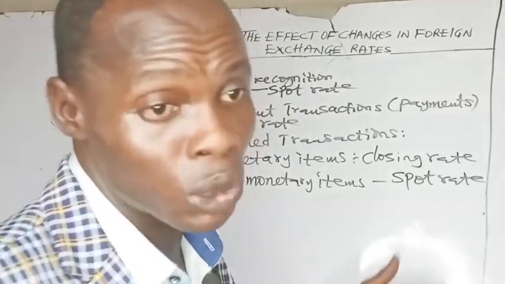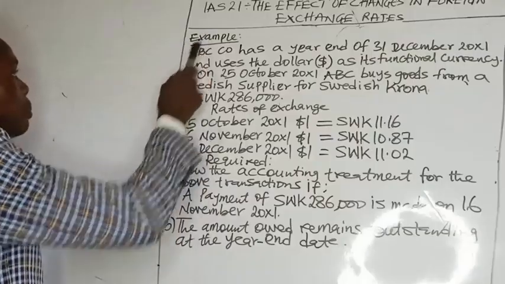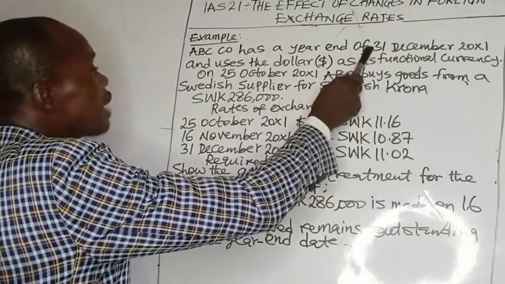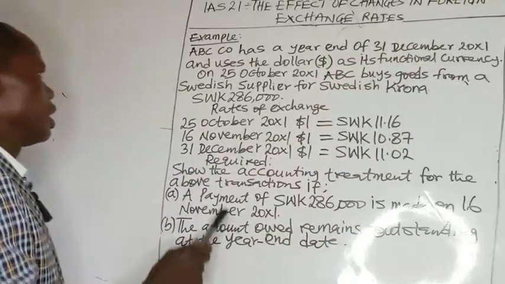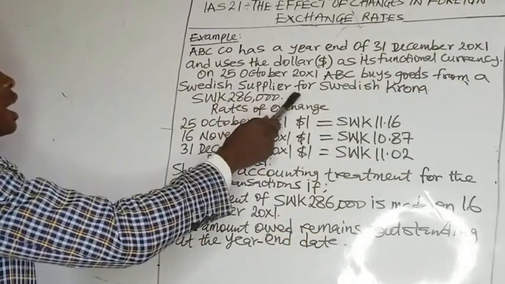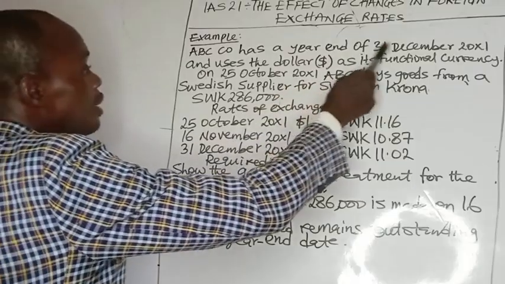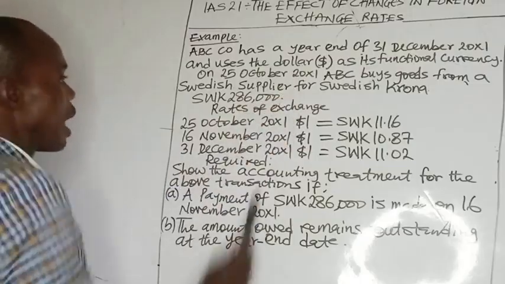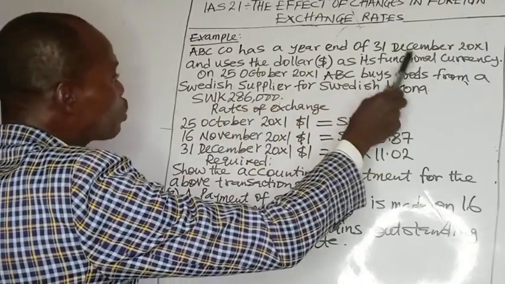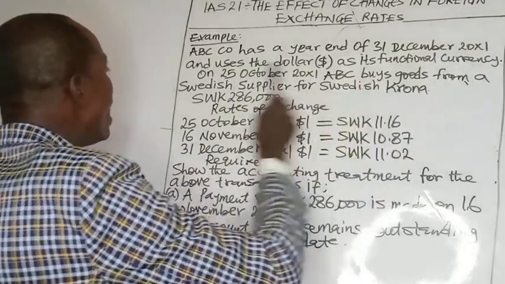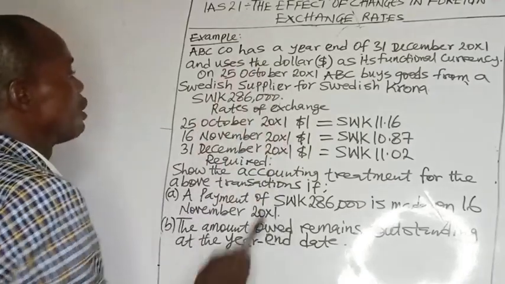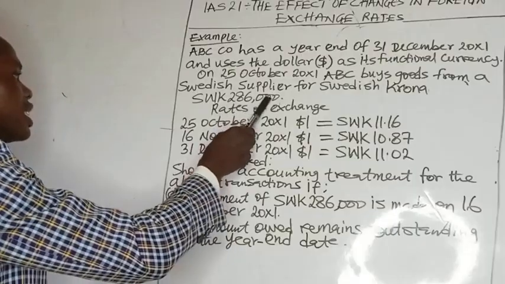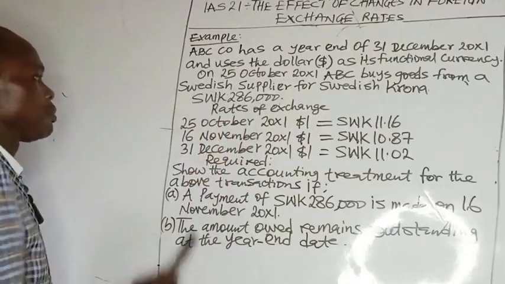Now, I want to take a question as a worked example. Keep watching. Example. ABC Co. has a year end of 31st December 20X1 and uses the dollar as its functional currency. On 25th of October 20X1, ABC buys goods from a Swedish supplier for 26,000 Swedish krona.